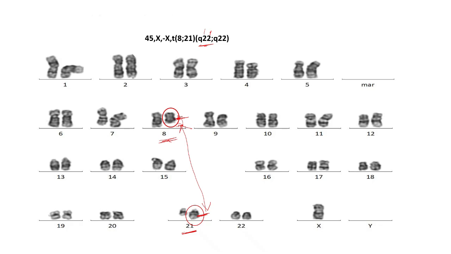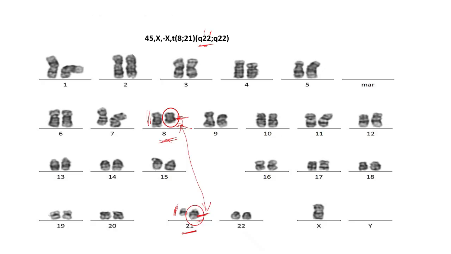So due to this reciprocal translocation, the abnormal chromosome 8 will be smaller in comparison to the normal chromosome 8, and the abnormal chromosome 21 will be bigger in comparison to the normal chromosome 21.